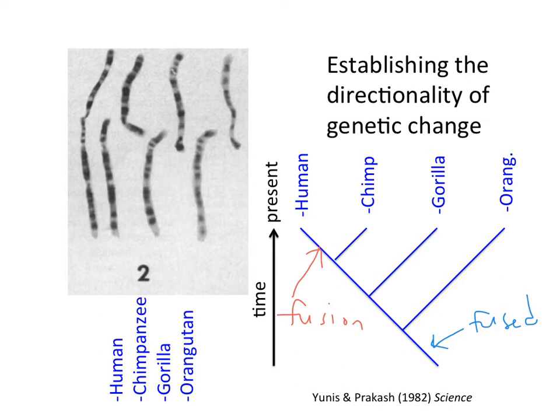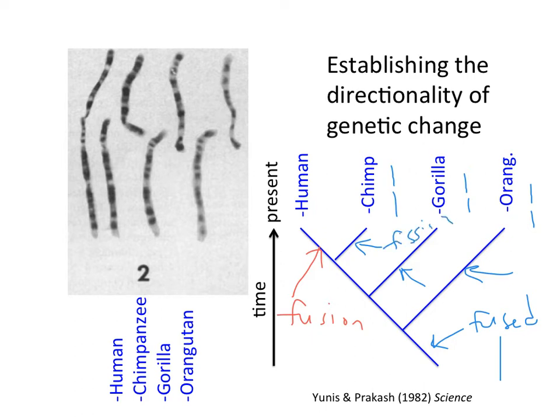Then what would we have to do to make chimpanzees, gorillas, and orangutans all have fissioned, split chromosomes, if we started off with the fusion as an ancestral state? If we wanted to have two chromosomes in gorillas, orangutans, and chimpanzees, that means on every one of the lineages leading up to those species, there would have to be fission.